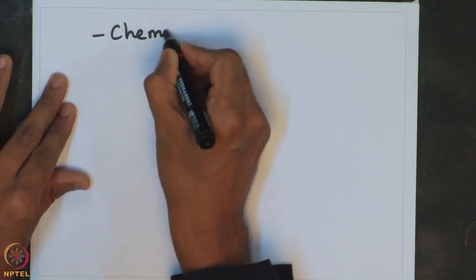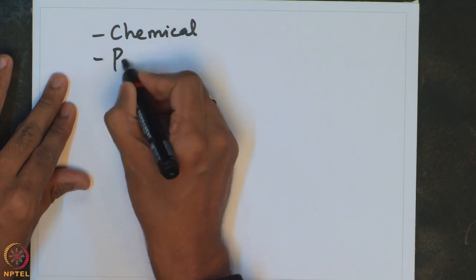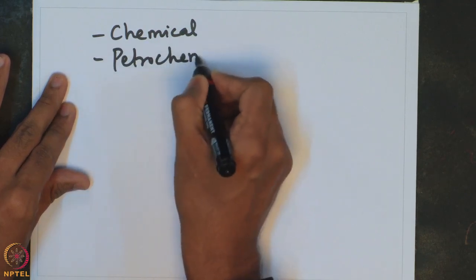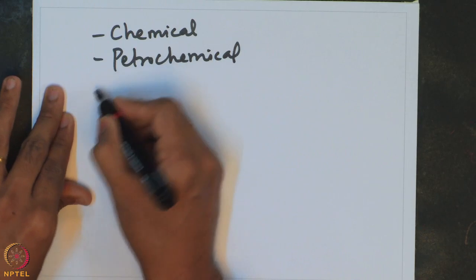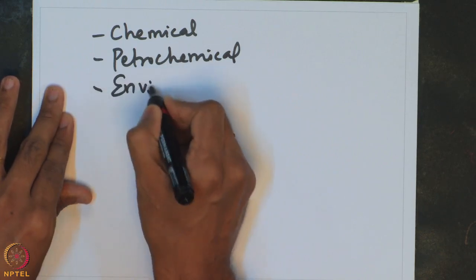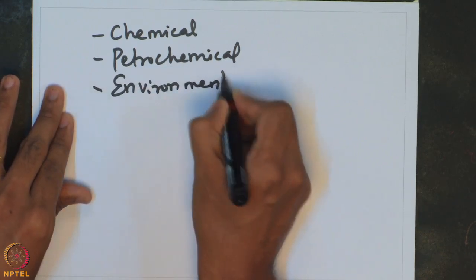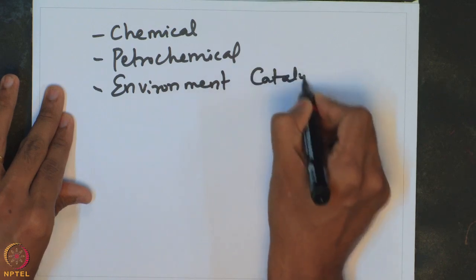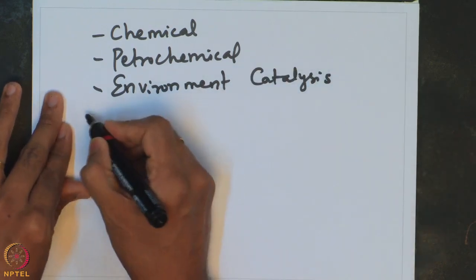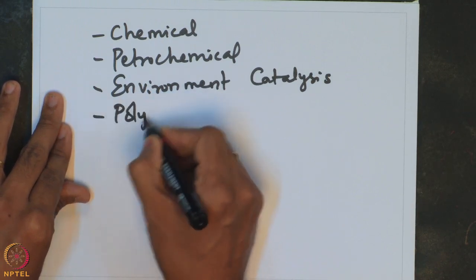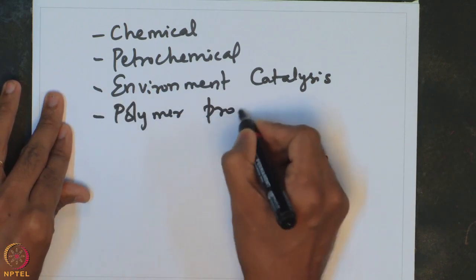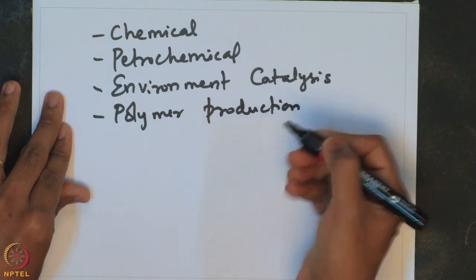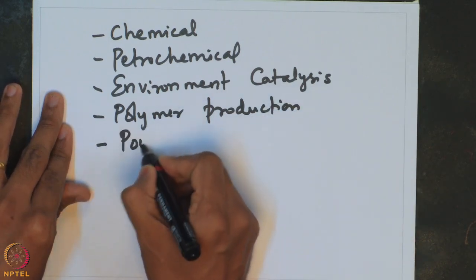So, the catalysts are used in a variety of industries. It is actually used in chemical industries, it is used in petrochemical industries, it has strong implication in environmental catalysis for taking care of pollution, etc. It is involved extensively in polymer production, a variety of polymer production, and power generation.